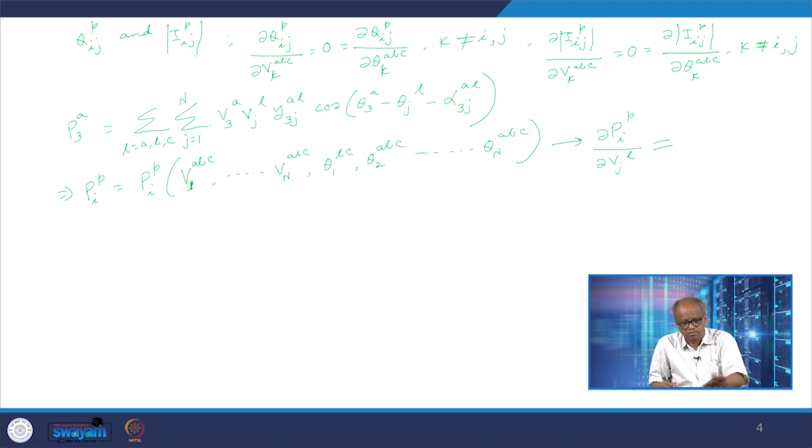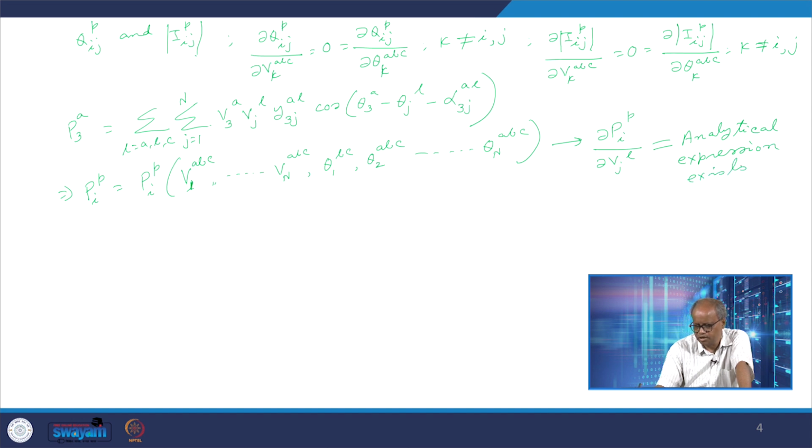In general there will be an expression, but whether it will be 0 depends on that. So I would say that this analytical expression exists. Of course, this we have already seen when we were talking about the load flow analysis.